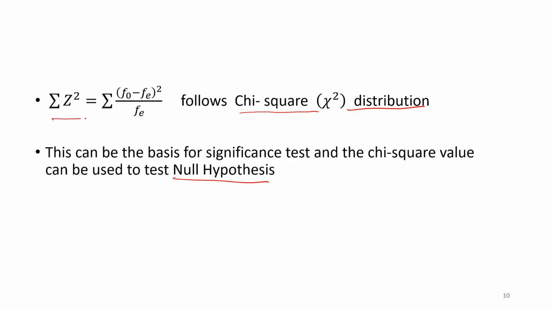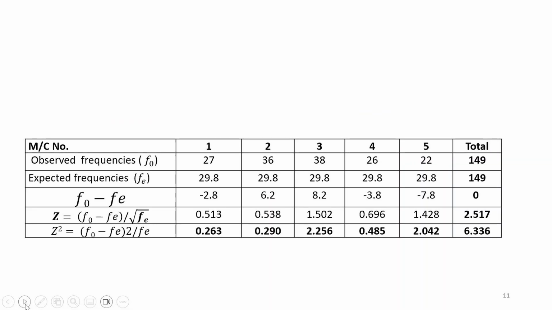This was stated in some previous lectures. If you look back, you'll find that the sum of z squared follows a chi-square distribution. So the z square values are given here. They are simply the square of these. If you square 0.696, you get a figure of 0.485. These are all squares.